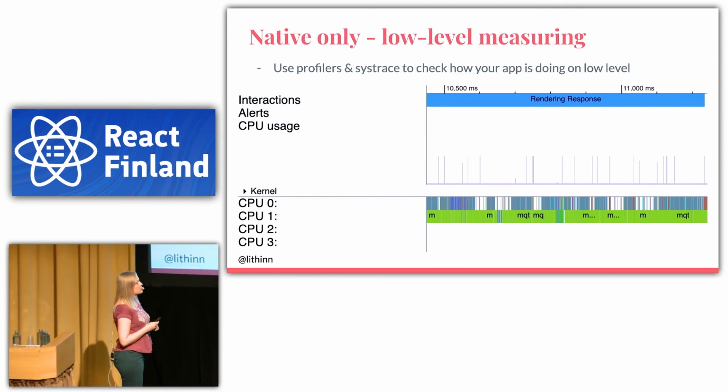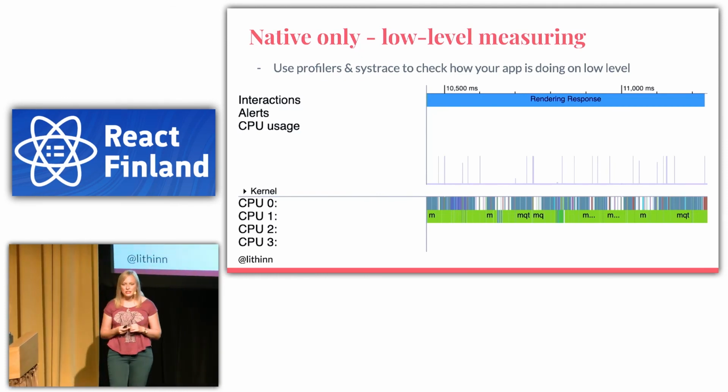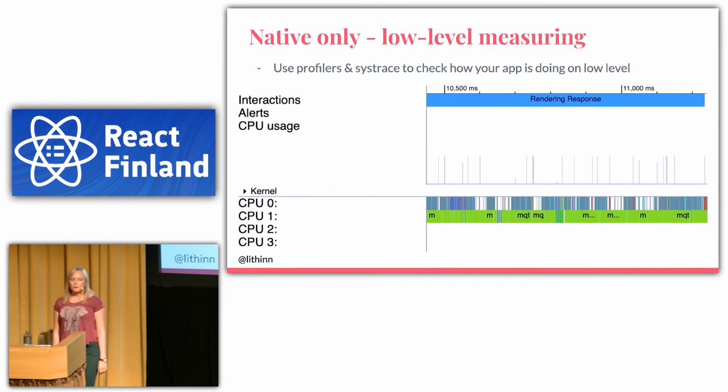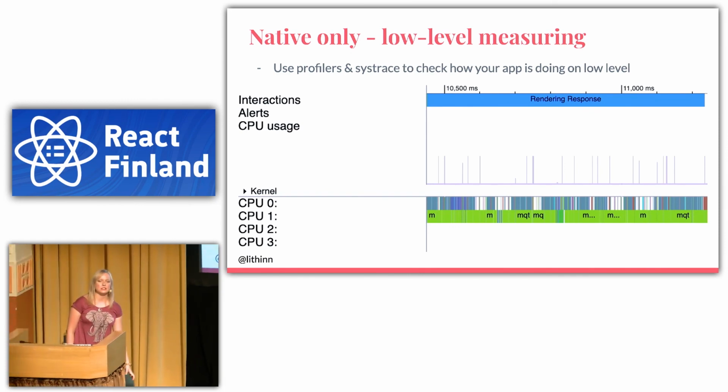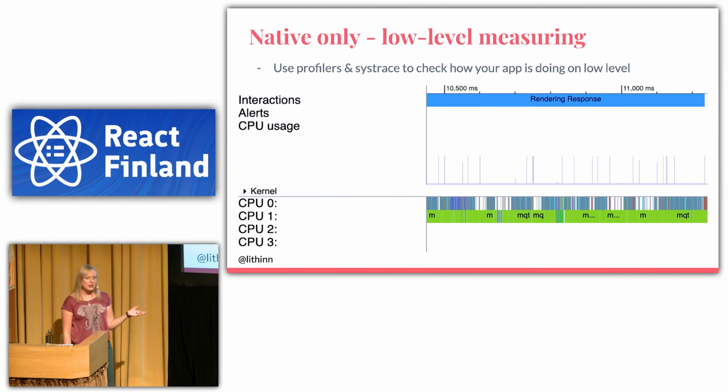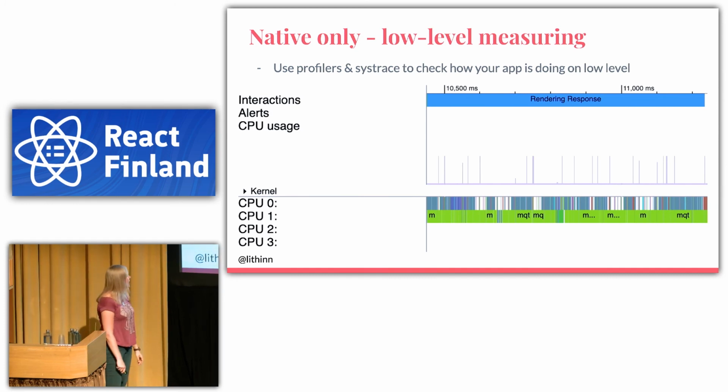And then when you're doing native and you're measuring stuff, it's important to look into this awful thing. We use profilers a lot. They're relatively easy to understand because they're just graphs of how much memory and CPU is being used. But this is an Android systrace, and it's relatively complex to figure out what it's actually saying.